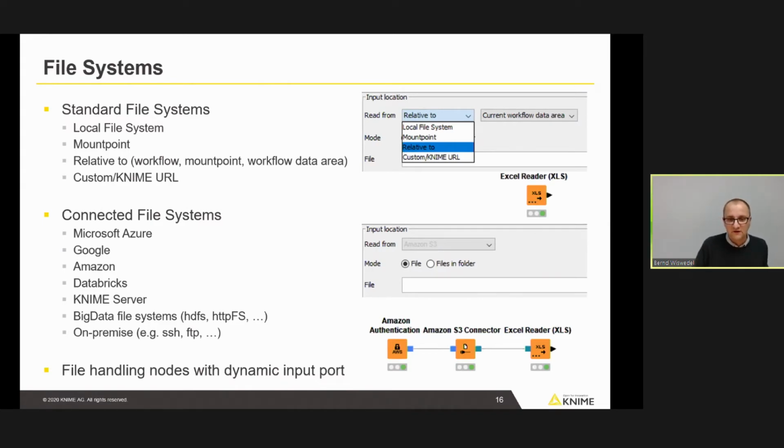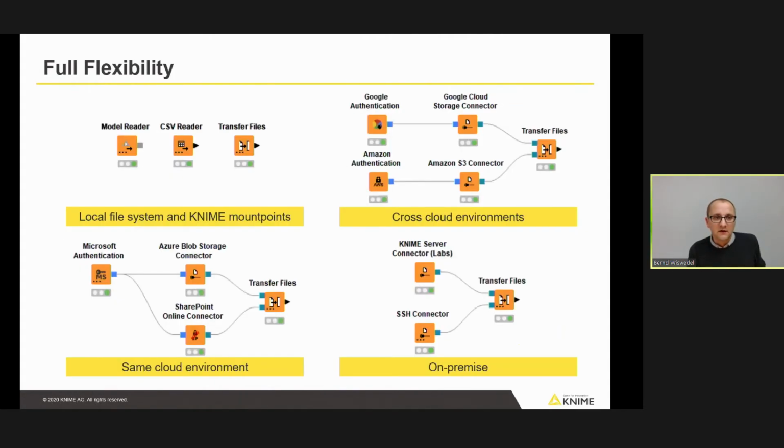All of these nodes now also have these dynamic inputs. What you see here on the right, the Excel reader up here, it doesn't have the input, but you can easily add it. And once it's there, you can connect to a file system that, for instance, requires authentication.